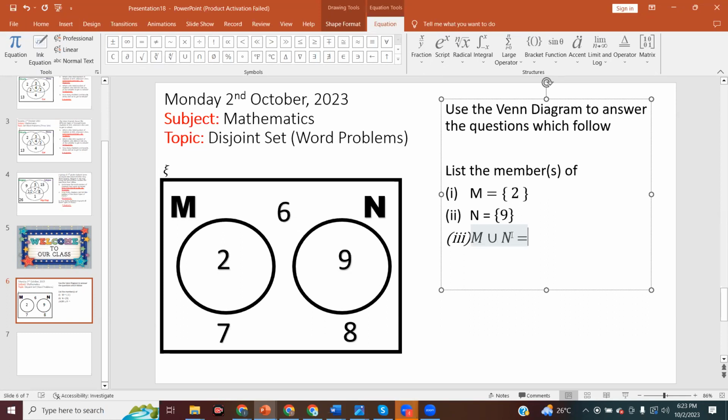Think about it. What is the correct answer? I don't want to put 2 and 9 because it's a disjoint set, not an intersection.